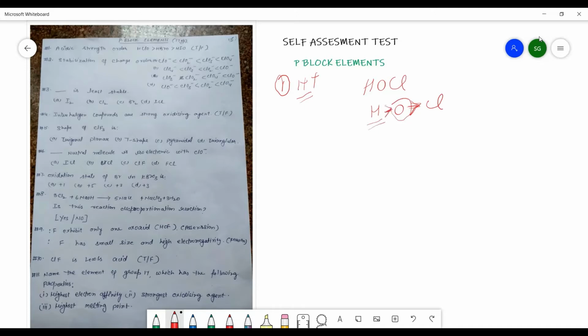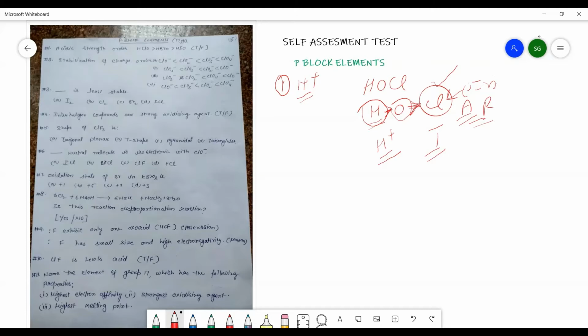So the electron density will move towards the chlorine because of its electronegative behavior, and because of that it can release the H positive ion easily. So we can say that this statement is true, this is the assertion and this is the reason. So assertion reasoning type questions may be asked from true or false.